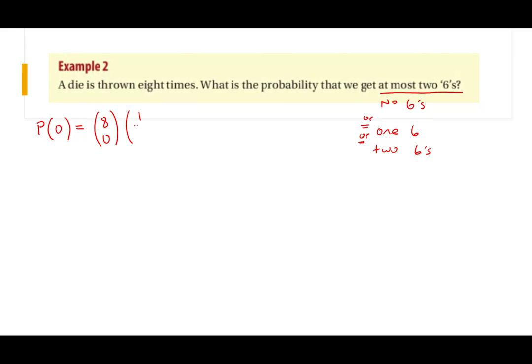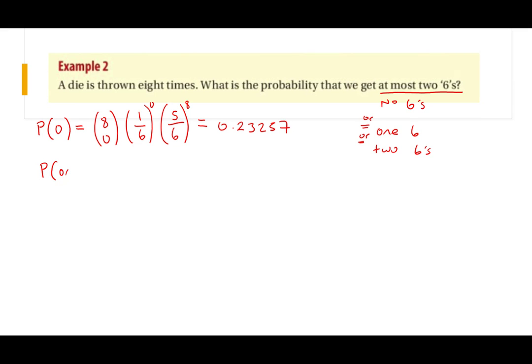A 6 has a 1/6 chance on a die, but that's going to come up no times, which means all the other numbers come up every time, so that's coming up all 8 times. And that is 0.23257.